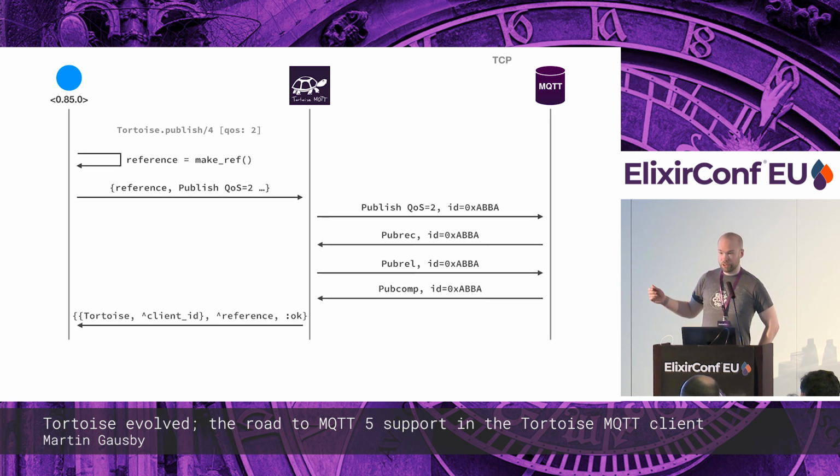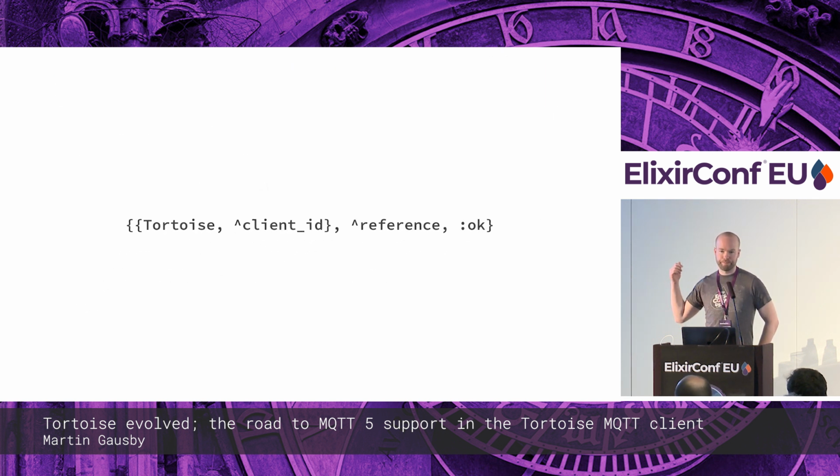For quality of service 2, it is the same semantics, same API. But let's look at the return message. We tag it with Tortoise, such that we don't collide with any other message.